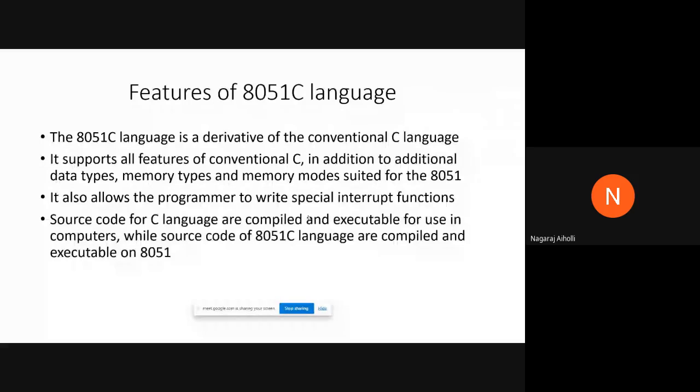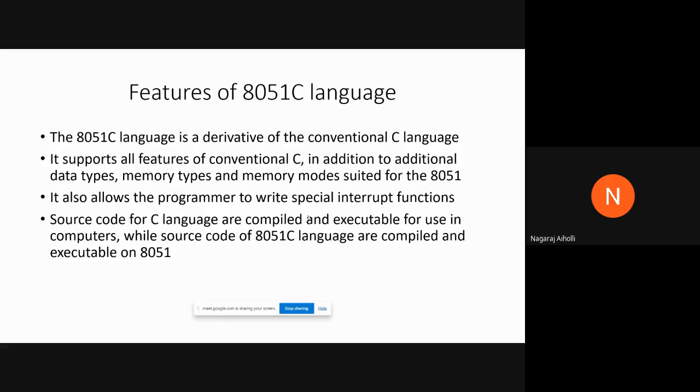For example, it has data types for memory. To define the memory size, it has a data type. Then it has certain memory modes which it can define. This is not possible with assembly language. These are certain extra features that the 8051 C language has over the conventional C language.